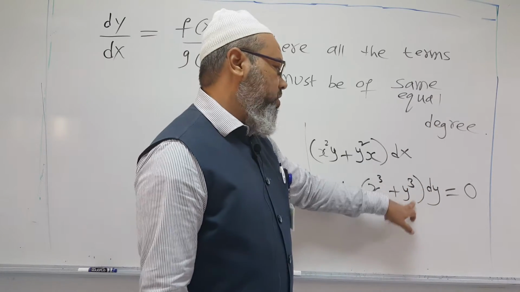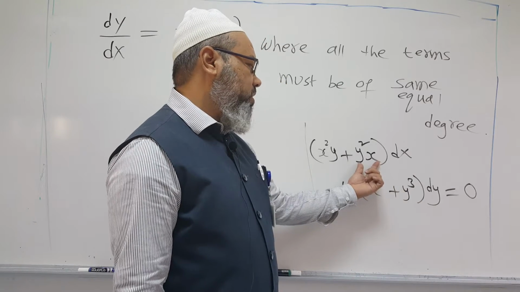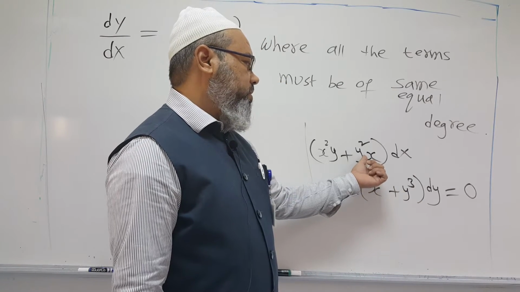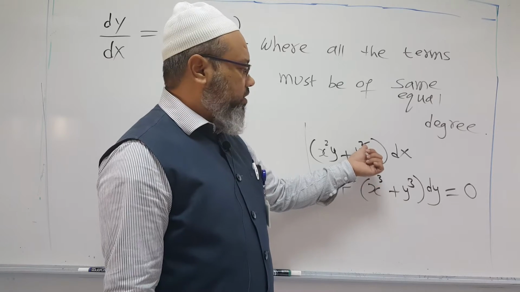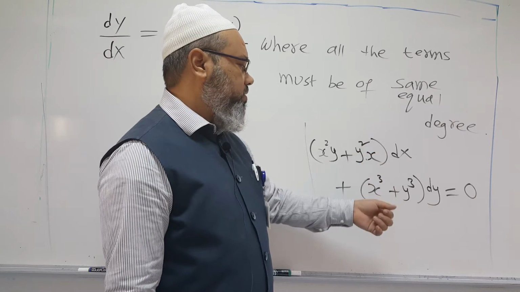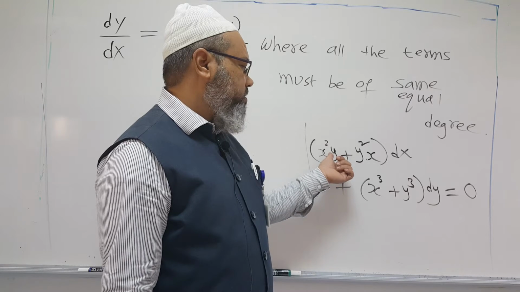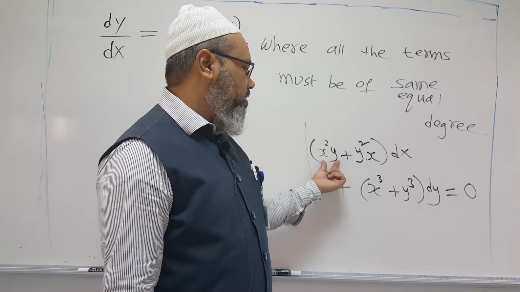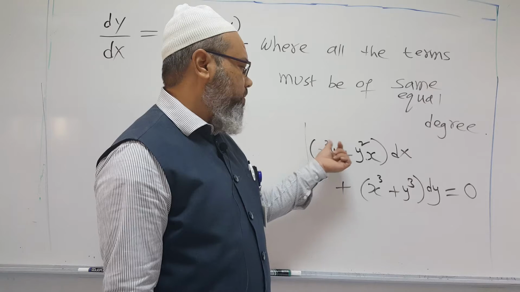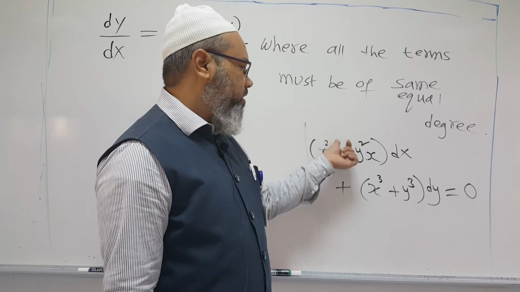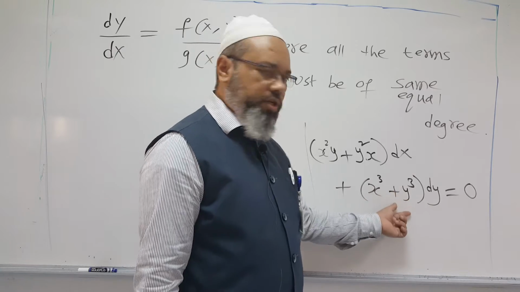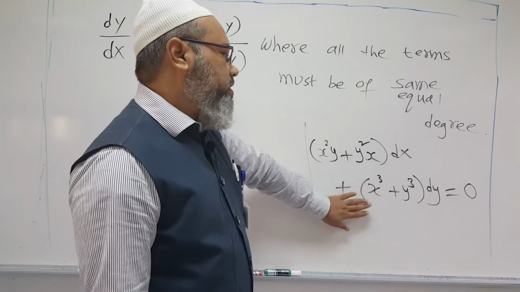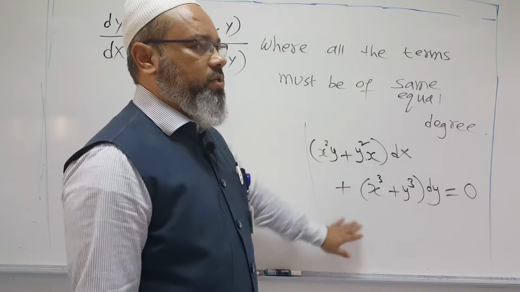The degree of this term is 3. For x square y, because this is multiplication, to find the degree we need to add 2 plus 1, which is 3. So, all the terms are of degree 3. So, this is a homogeneous differential equation.